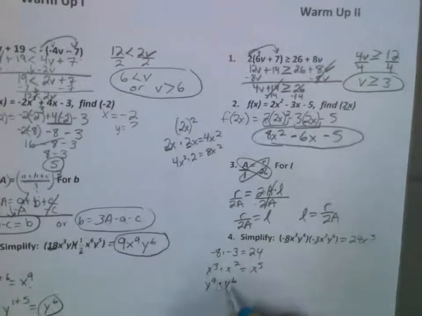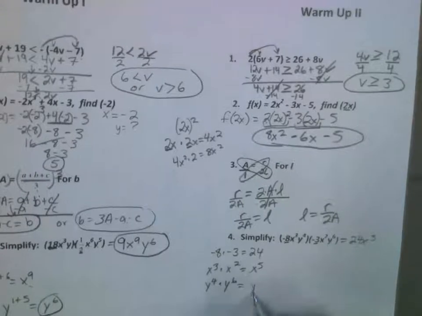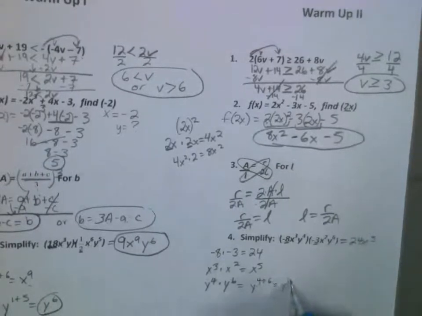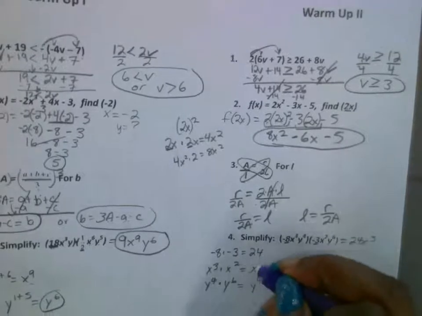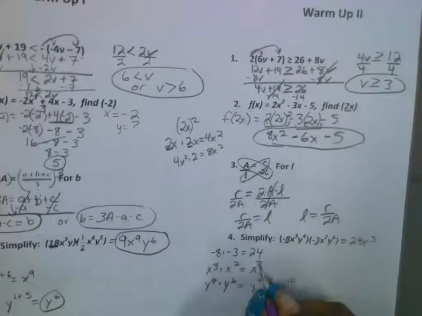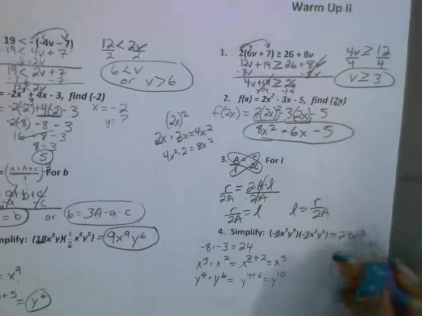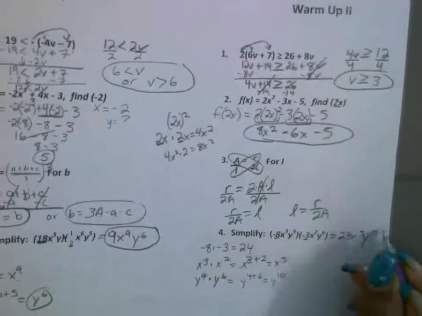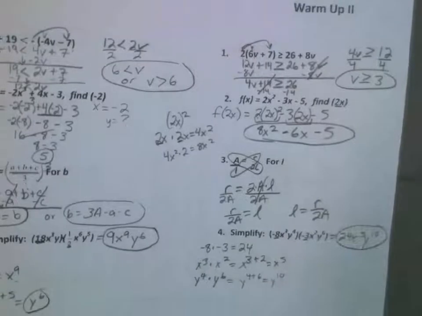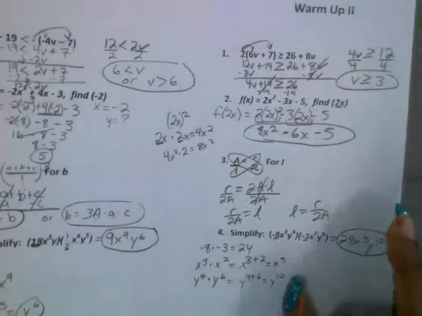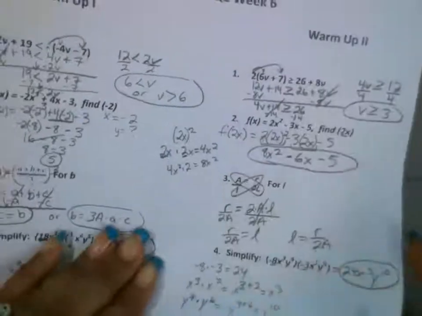Again, you add the exponents. This is 4 plus 6, this is 10. And I should have done that here. I should have added, so you'll know. It's 3 plus 2. That's how we got 5. So this is y to the 10th. Okay? Same thing we did yesterday. All right? Okay, so now I want to make sure that you understand what the homework is.